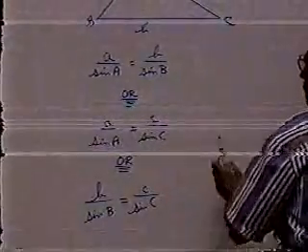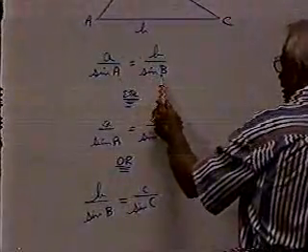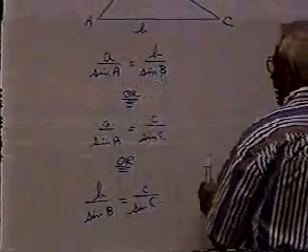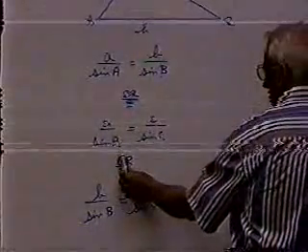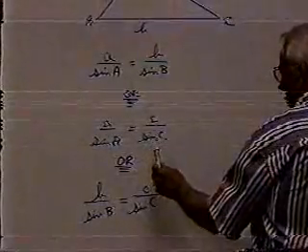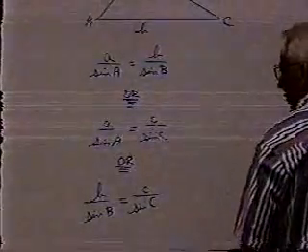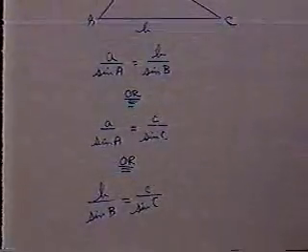All right? So if you're given 2 sides and an angle opposite one of those sides, you can use the law of sines. If you're given 2 angles and a side opposite one of those angles, then you can use the law of sines. So let's look at some examples of doing this then.